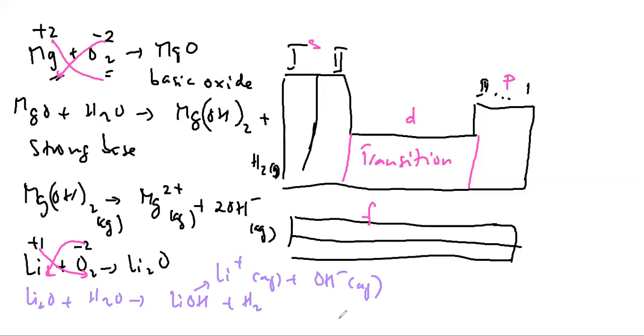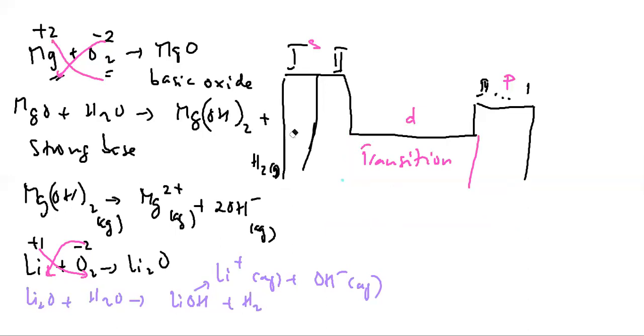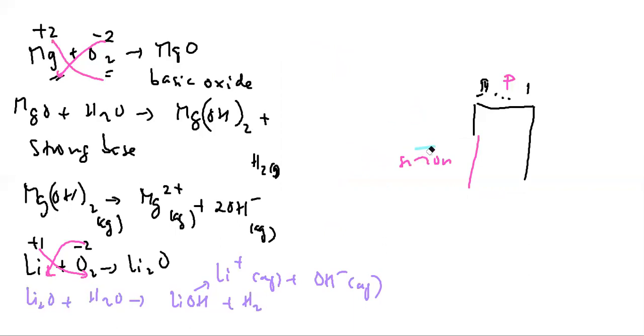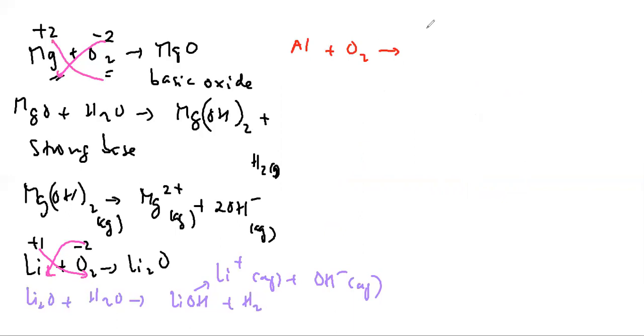Now, how about the last one? Let me erase this. For example, I have another element, aluminium, which is in group 3 and period 3. Aluminium reacts with oxygen. Aluminium is in group 3, so it will have a plus 3 charge, and oxygen is in group 6, so it will have a minus 2 charge.